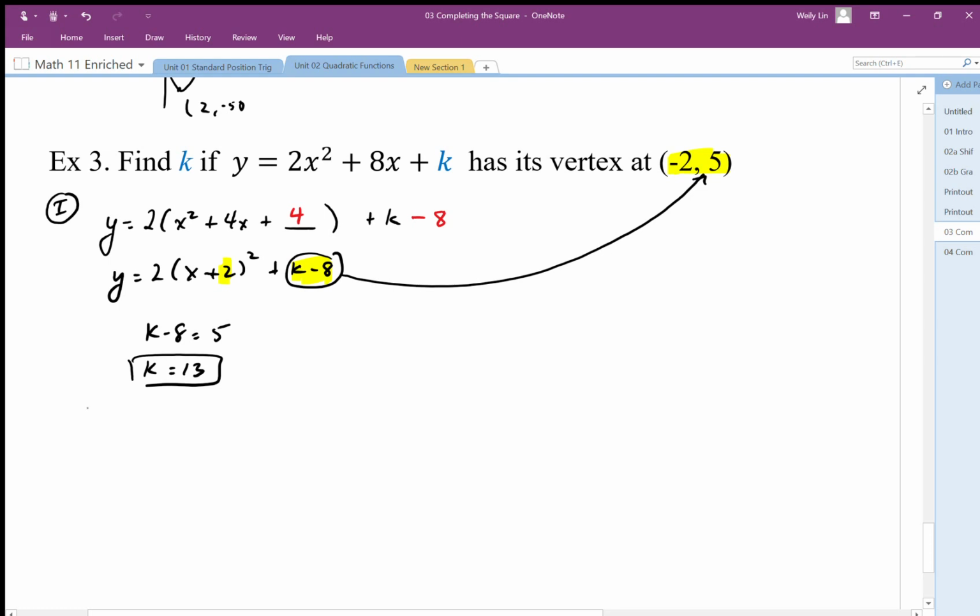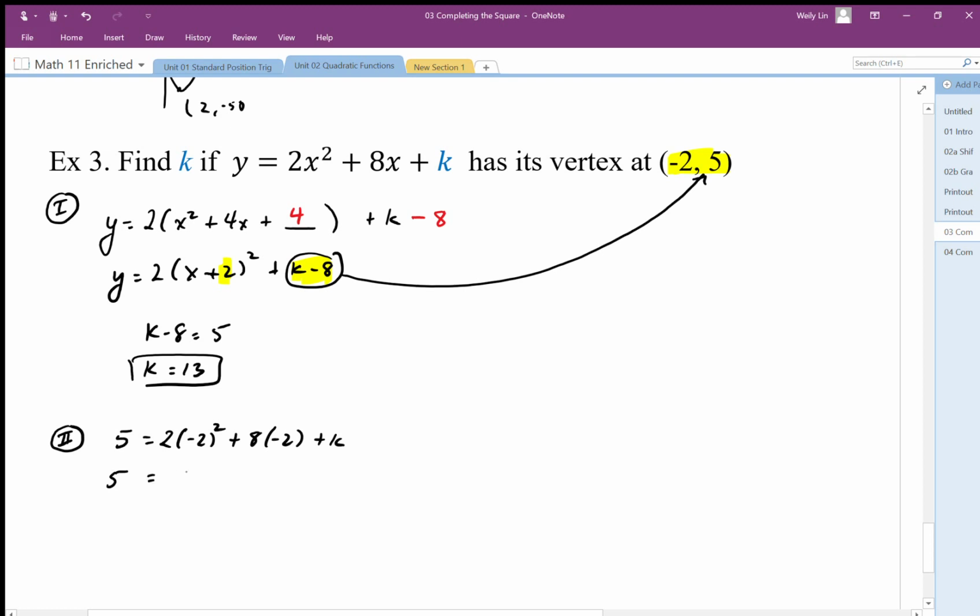There's a much easier way to do this, really, and it's to use that property that any x and y coordinate must be able to be fit back into the x and y in the equation. And if I do that, notice that there's only one variable left to solve for. So if I plug in y is 5, when x is negative 2, notice that I can just solve for k.